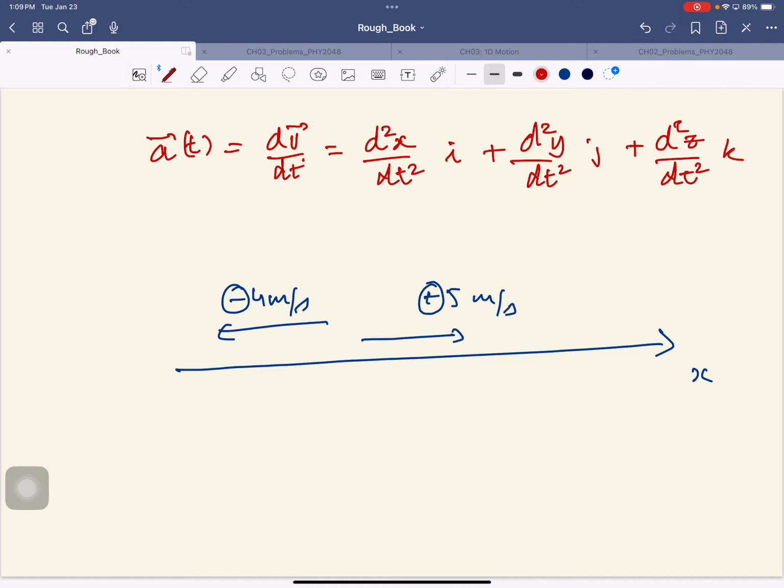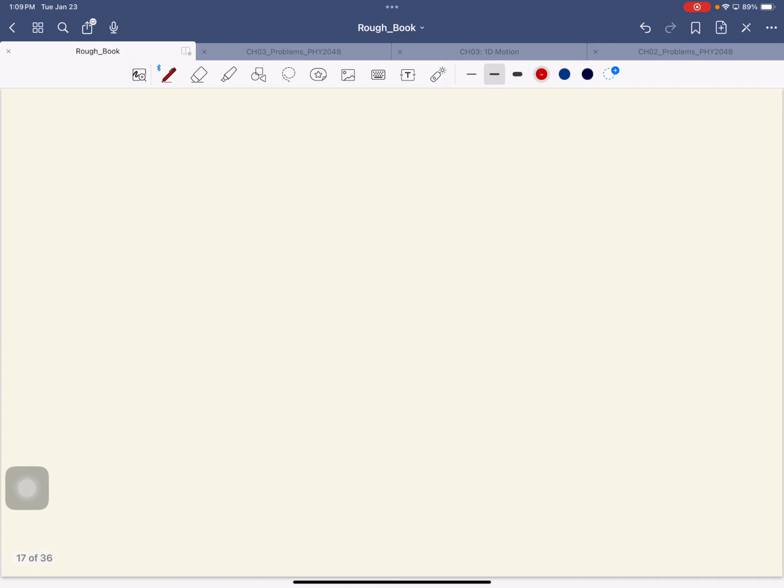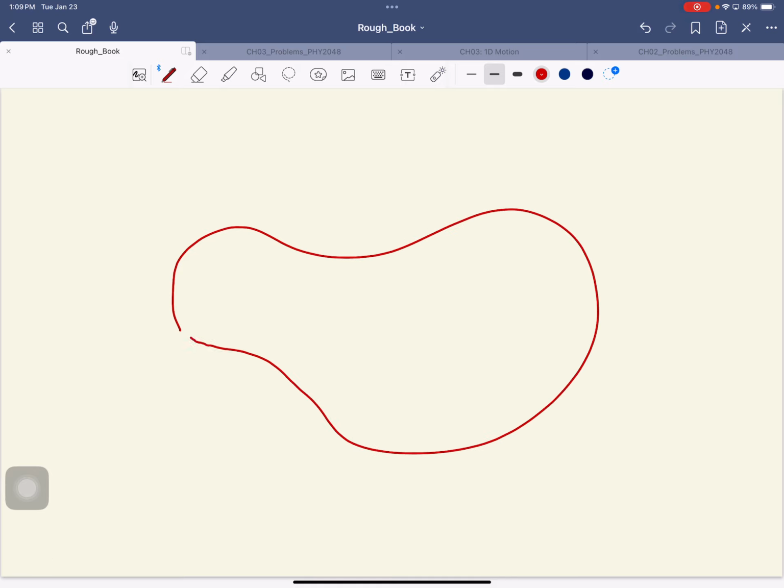Now, the displacement vector is a very average quantity. Let me show you. What's your displacement vector? 0 vector. Okay.